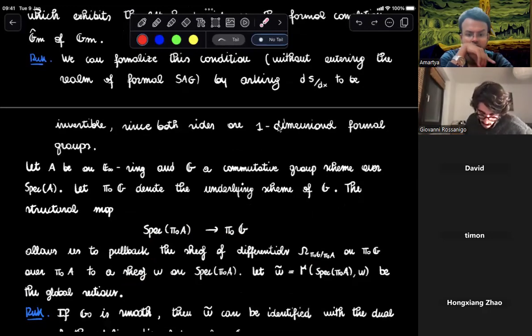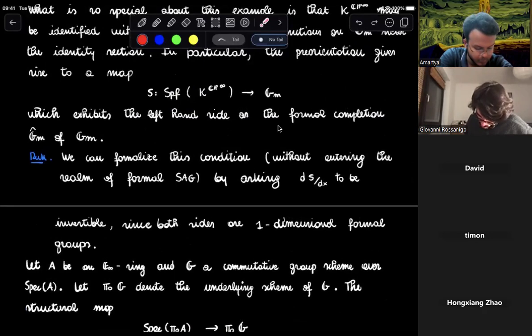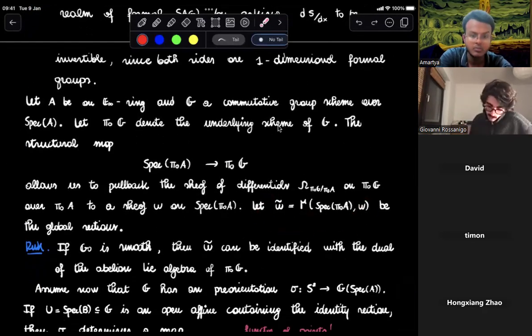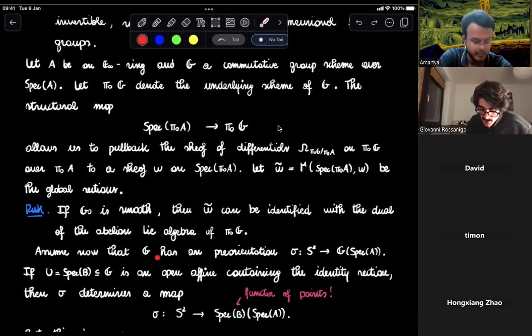We are interested in studying the global sections, so the global section omega tilde over spec pi naught A of A. In the case where G has a preorientation, we have said this should be a map from CP infinity to the global section of our group scheme, which by the lemma before we can interpret as an element of the pi 2, so an element from the sphere S2 to the global section.